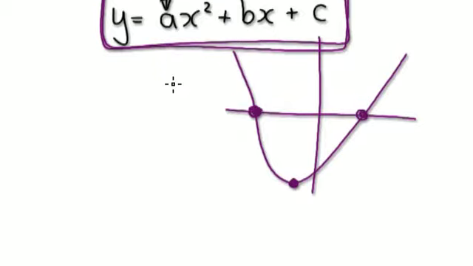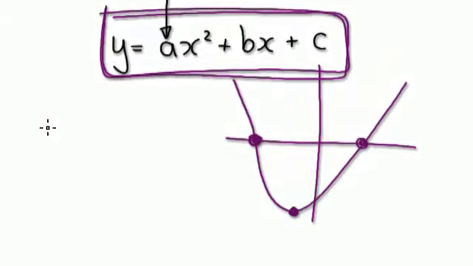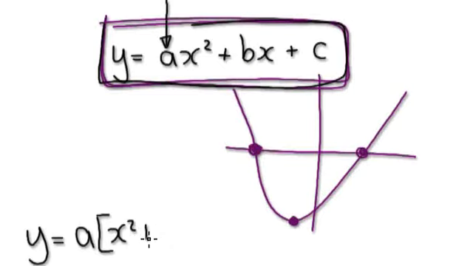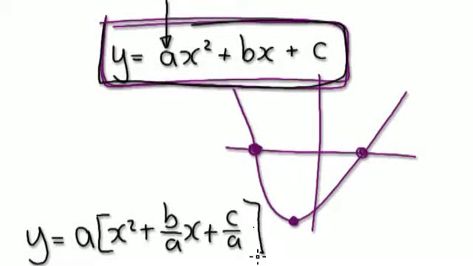So take the a out as a factor. Rewrite this as y equals a, and this will be x squared plus b over a x plus c over a, and then close it off.